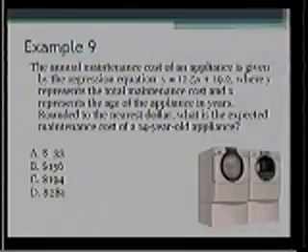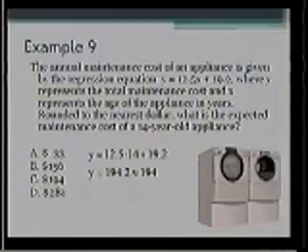Remember, x represents the age of the appliance. So we're going to place 14 in where x is, making a substitution, and simply multiplying and adding the 19.2 on gives us 194. Therefore, we would expect the cost to be $194 for this appliance of 14 years old.